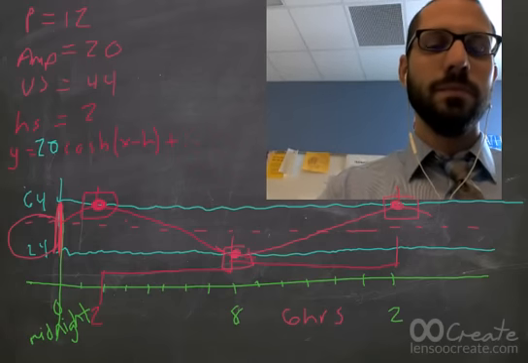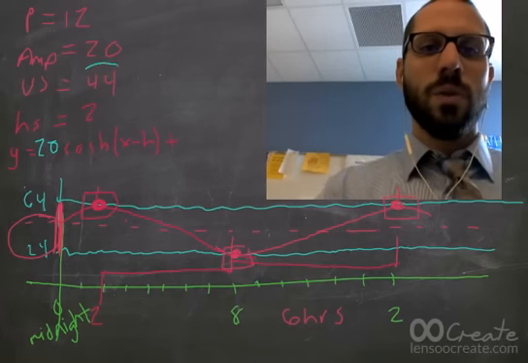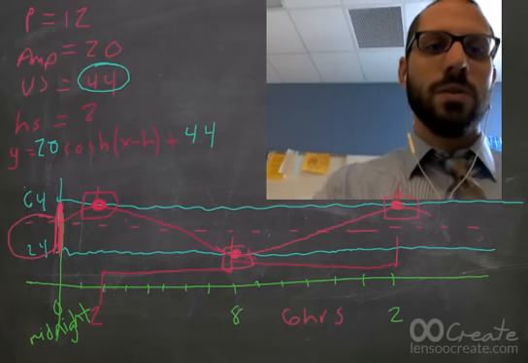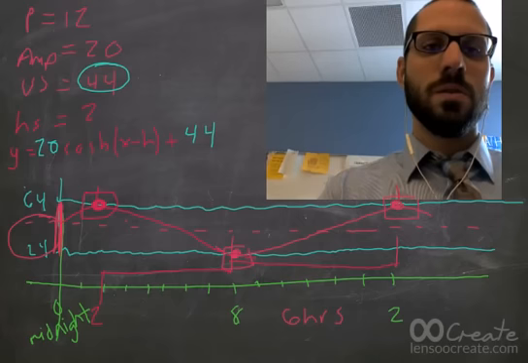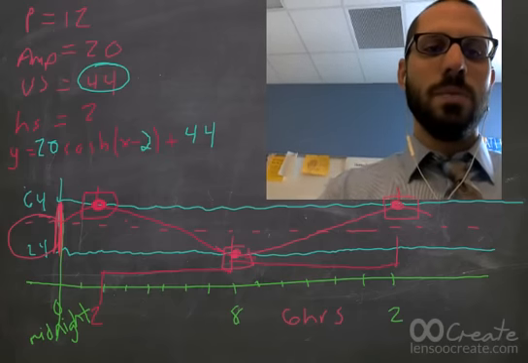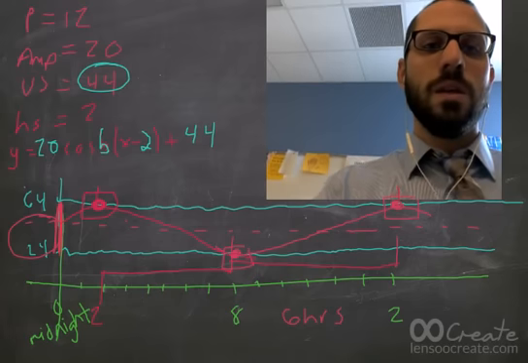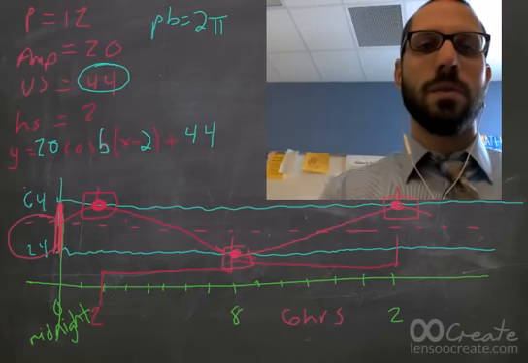I know my K. 44. I know my H. 2. So the only thing left is my B. P times B equals 2 pi.